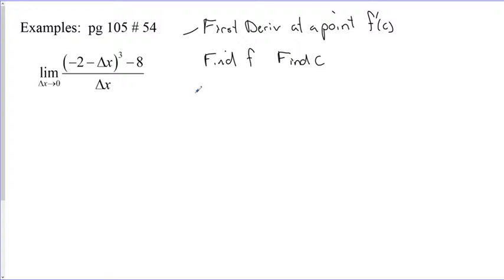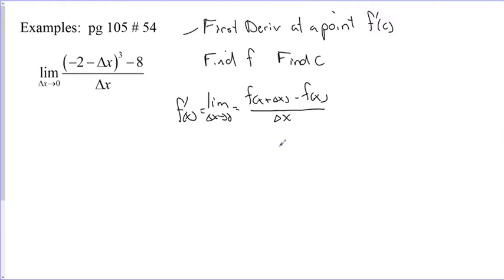All right, so we know that the limit equation for the first derivative as delta x goes to 0 is equal to f of x plus delta x minus f of x all over delta x. Okay, so I've got some things that I see here. And so the question says, well, let's find it at a c.